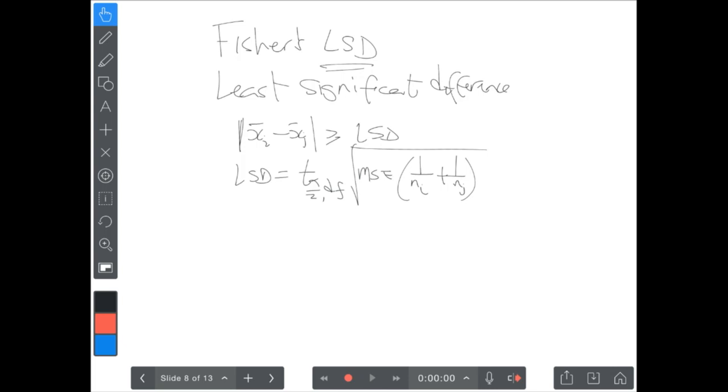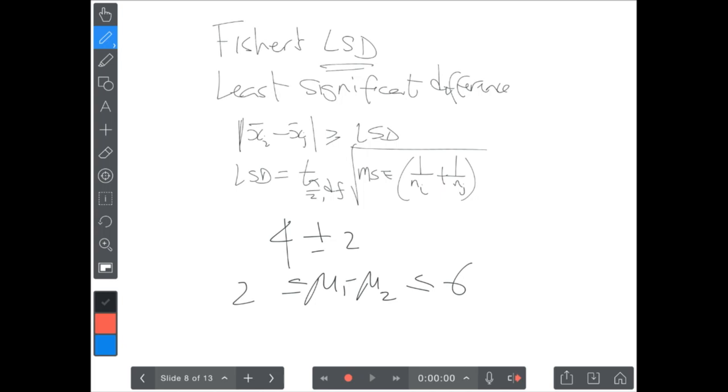So for example, if I say the difference between two population means is 4 plus or minus 2, then the difference between those two means, mu1 minus mu2, will be between 6 and 2. But let's imagine the margin of error was actually bigger.